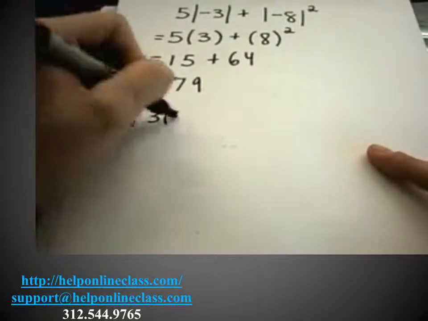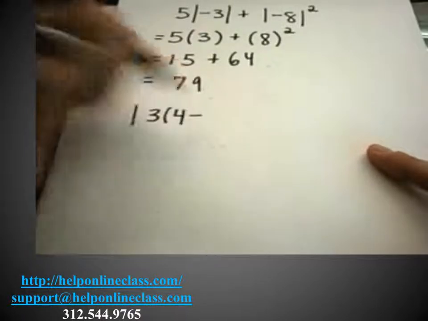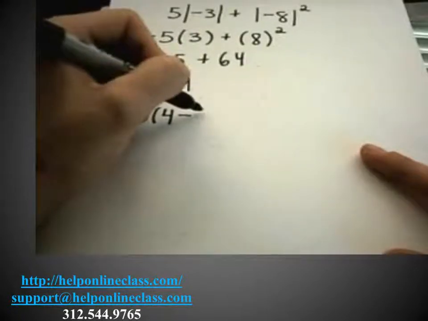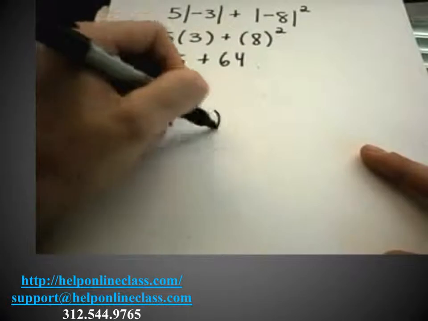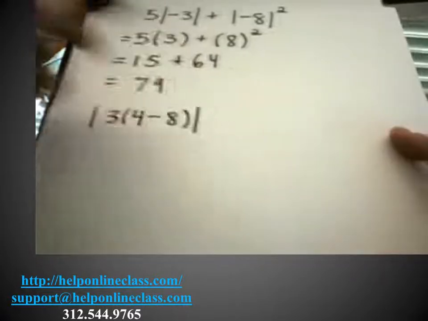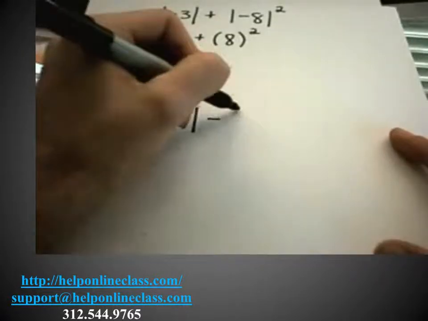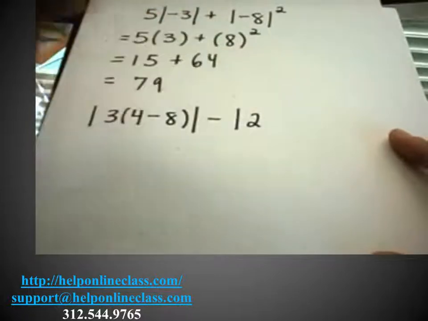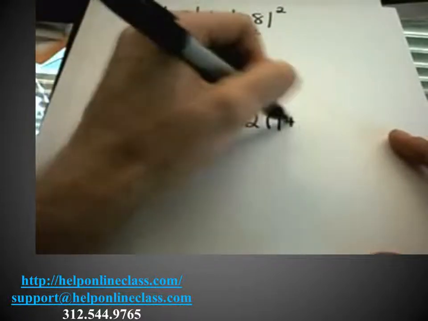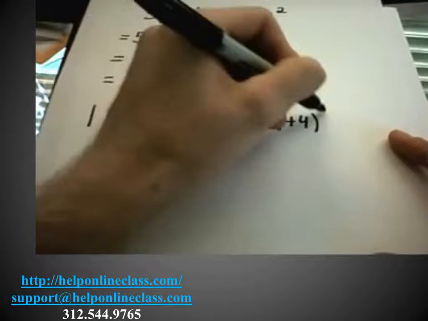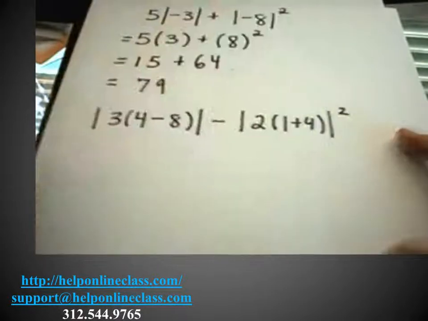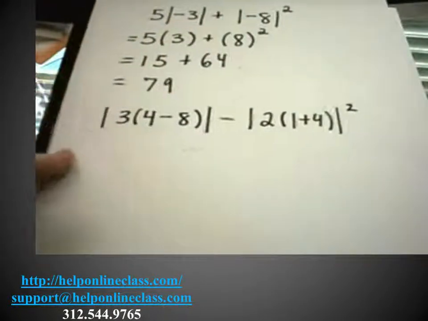Suppose I have 3 times 4 minus 8, the absolute value of that, minus 2 times 1 plus 4, absolute value of that, again all squared.